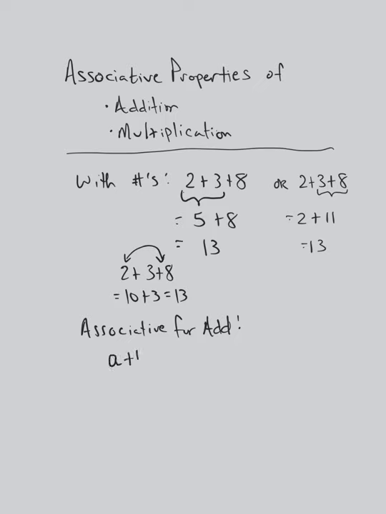It's saying that if I'm adding three numbers together, so A, B, and C are representing numbers, I could take the first two and add them together and then add the third one, or I could take the last two together, add them first, and then add on the first one. Hopefully you see what that property is trying to say.